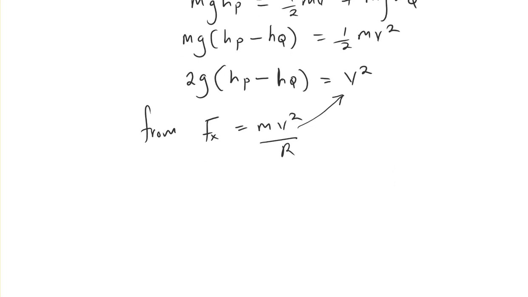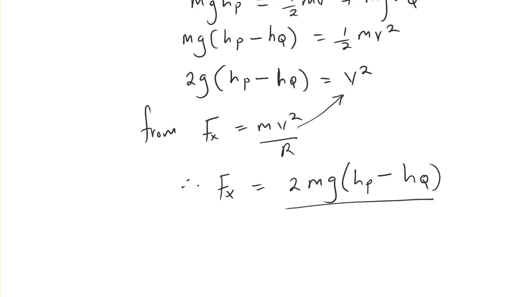Therefore, Fx is equal to 2mg, substituting this expression in place of v squared, bracket height at P minus height at Q, and then divided by r. This will be the expression for the horizontal component of the net force.